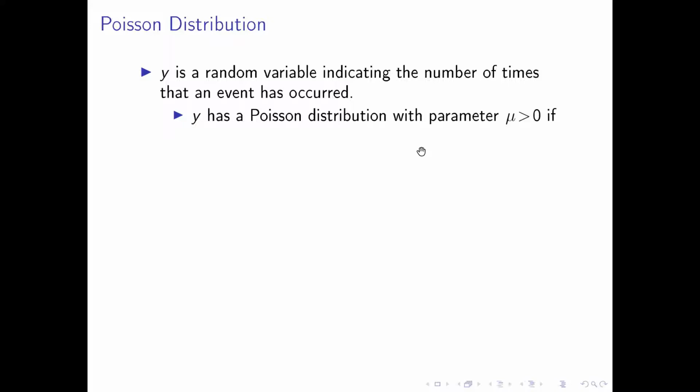Mu is a parameter denoting the expected value. Using layperson terms, it's like average counts in the population. The probability function is calculated as follows.